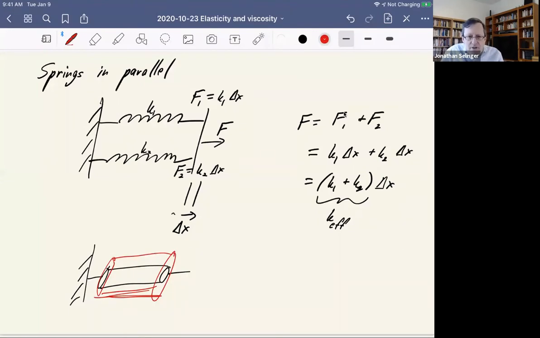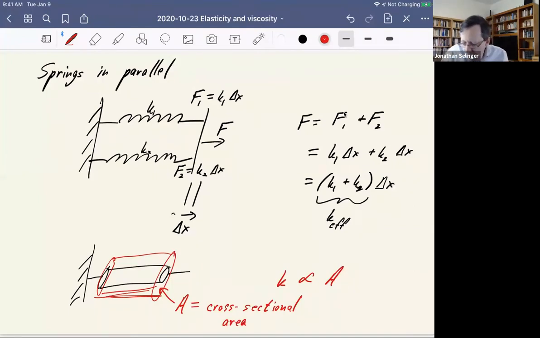All of the cross-sectional area is pulling together. All these forces add up and there's the same extension. So that tells us that the spring constant for the block of material is proportional to the area, where area is the cross-sectional area, perpendicular to the pulling force. Okay.